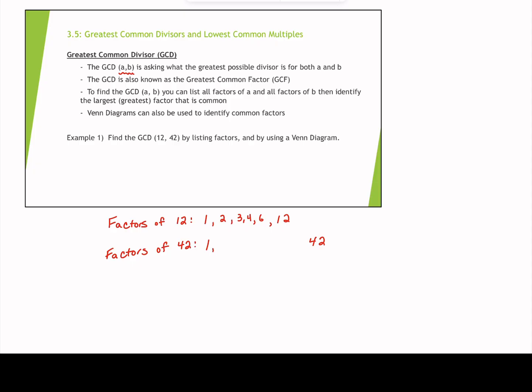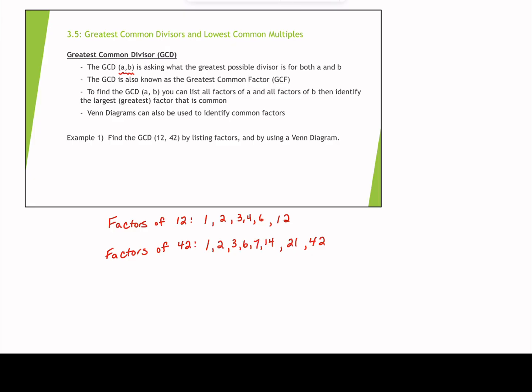I know that 42 is an even number, so it divides by 2. 2 times 21 gives me 42 as well. We're going to talk about divisibility rules eventually. I know 3 divides 42, so 42 divided by 3 would be 14, so 3 and 14 are factors. Aside from that, 6 times 7 is 42 as well.